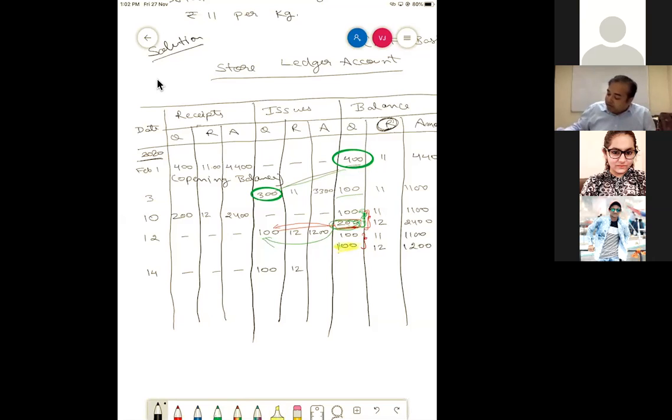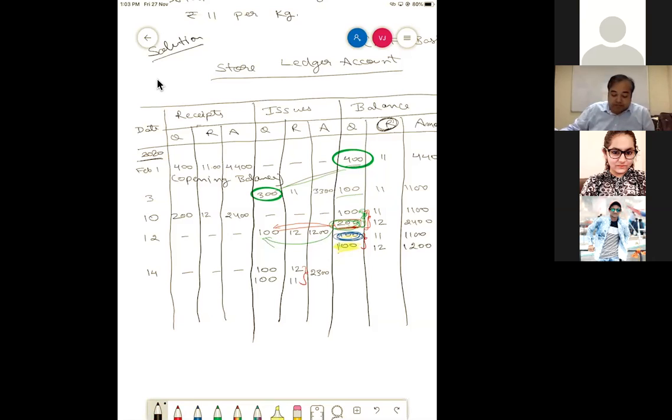Then the balance we would be issuing from above, shown in blue color. That is 100 and rate would be 11. So you again put a curly bracket so that you know that both are together. And amount, you can calculate and write down in one figure, that is 2300.